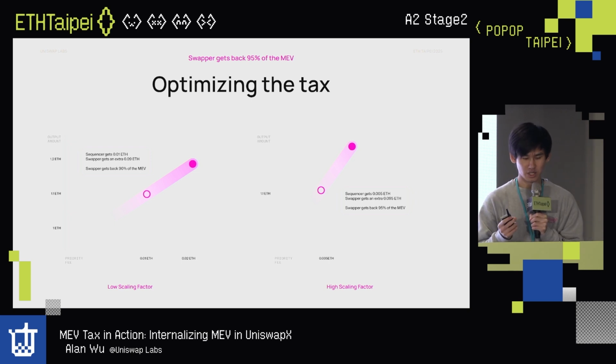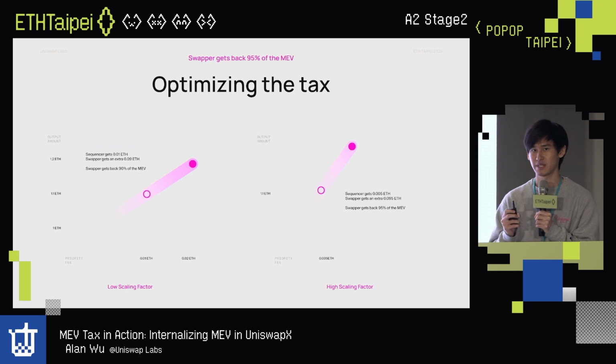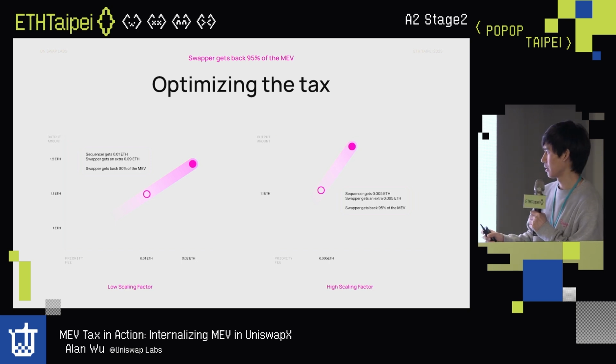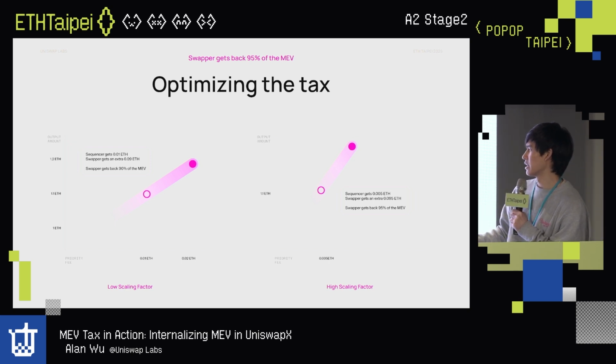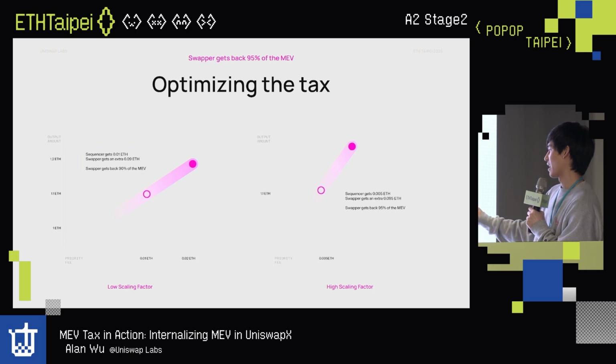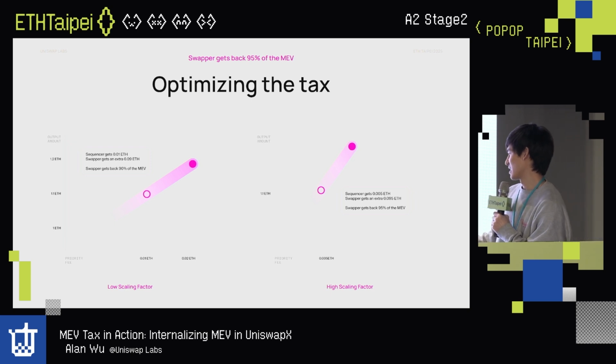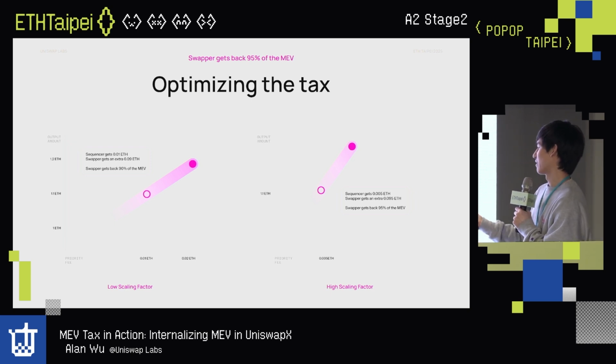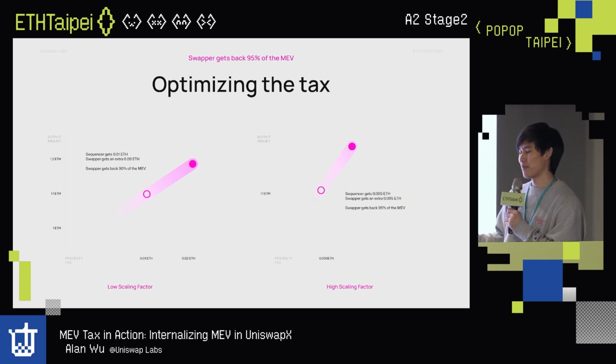So the swapper essentially got back 90% of the MEV. Now let's increase the scaling factor. So the slope is higher now. What happens is the sequencer now gets 0.005 ETH, and the swapper gets an extra 0.095 ETH. So in this world, the swapper got back 95% of the MEV.